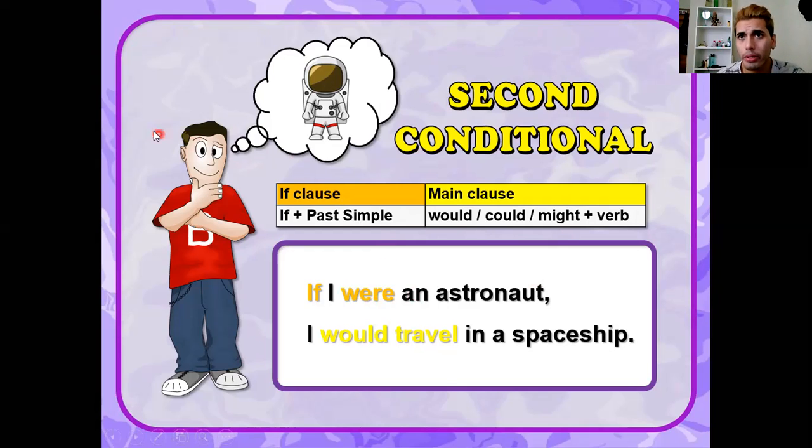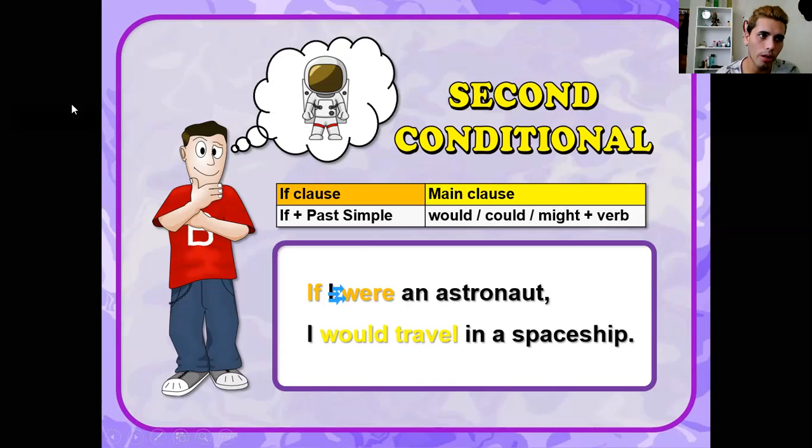And something really important about this conditional is this little word right here. I'm going to point at this word because it's really important, the word were. So some of you might be asking or wondering, oh, but why do you use were, I were, if the correct simple past form of the verb be for first person I is was. I was happy yesterday.